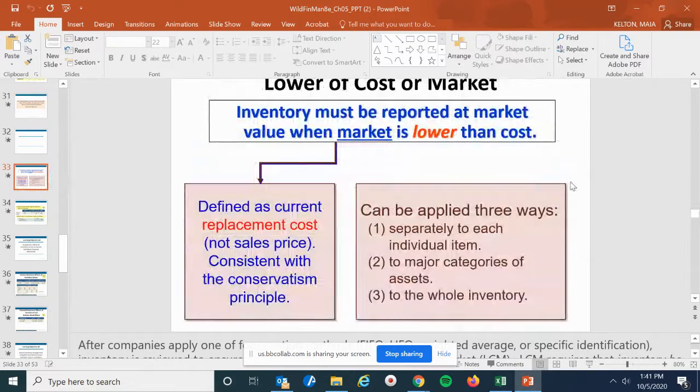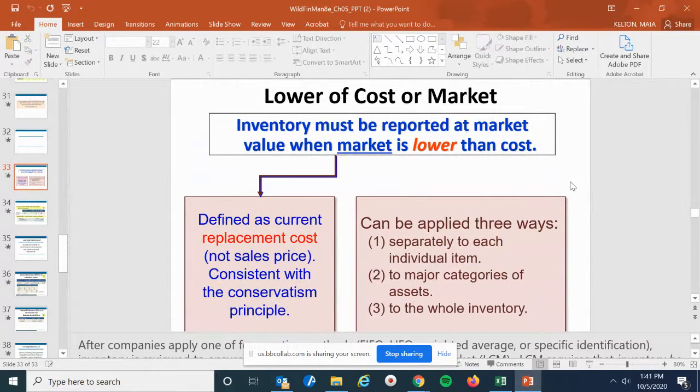All right, in addition to that, the company is required to report inventory at market value when the market value is lower than the cost. So next time, we'll be working some problems that involve the lower of cost or market.